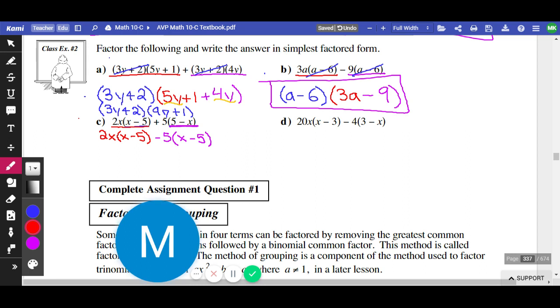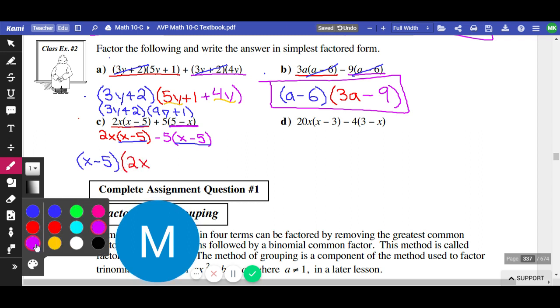And that allowed me to get the exact same thing, which is x minus 5 and x minus 5. Now I can treat it just like any other question. I take that x minus 5, it's my greatest common factor, it goes out front. On the red side, I'm left with 2x. On the purple side, I'm left with minus 5.